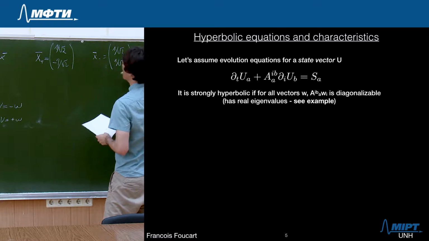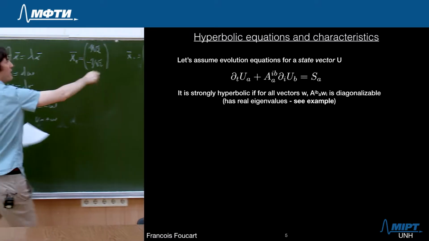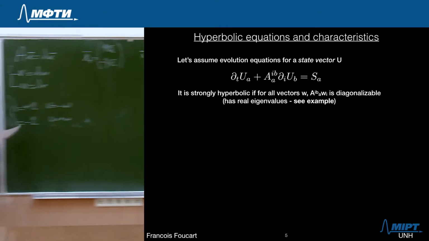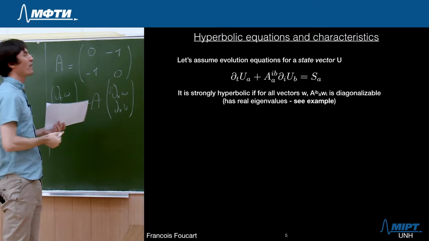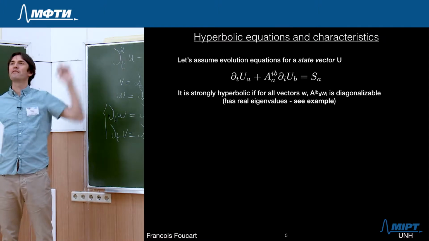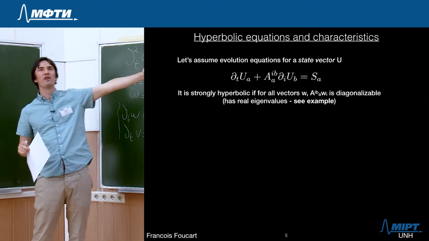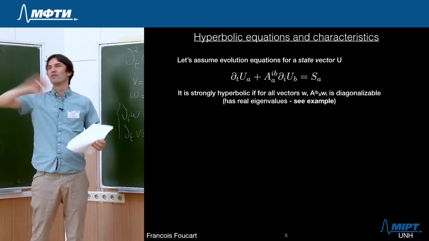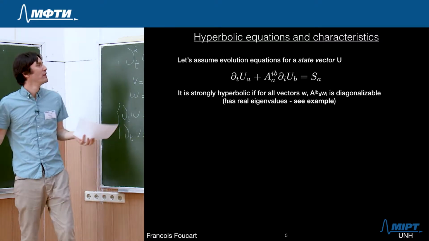In this one, v is minus w, and in this one, v is plus w. And this is roughly what you would expect for the wave equation. You have two possible waves, one moving at the speed of 1 to the right, one moving at the speed of 1 to the left.